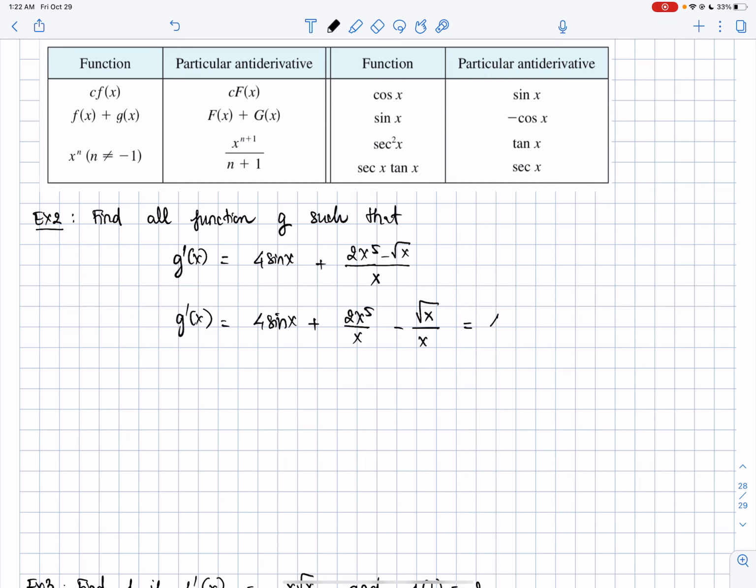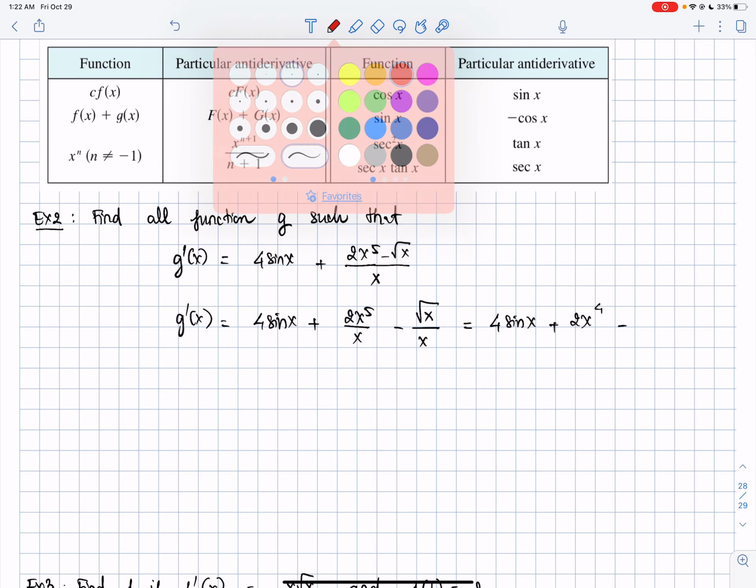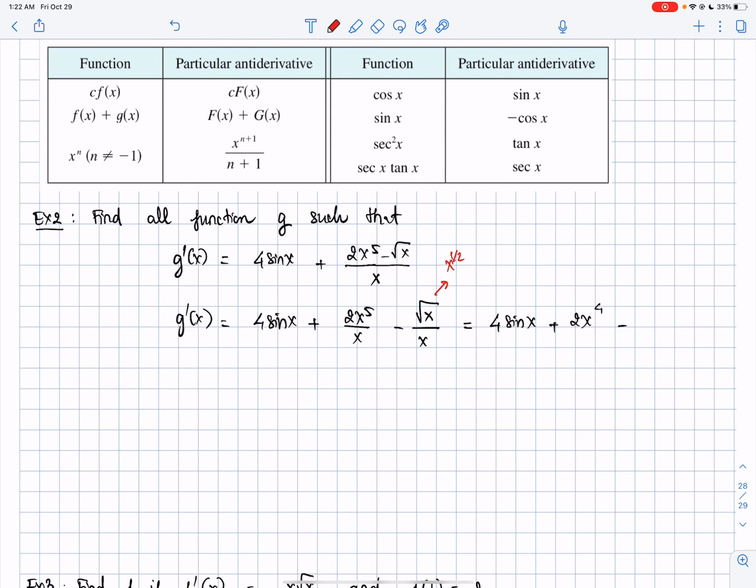Then it equals 4 sine of x plus 2x to the 4 minus x to the 1/2 divided by x, so using the quotient rule, 1/2 minus 1 gives x to the negative 1/2.